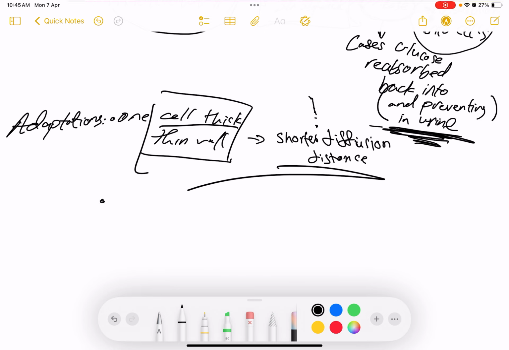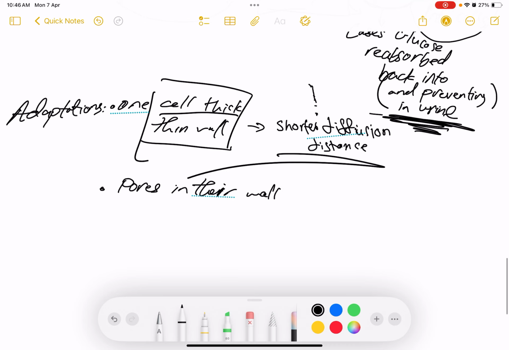Then I have that there are pores or pore spaces in their walls to allow the filtration of small soluble molecules from the blood. So I have here, imagine this is the blood capillaries.